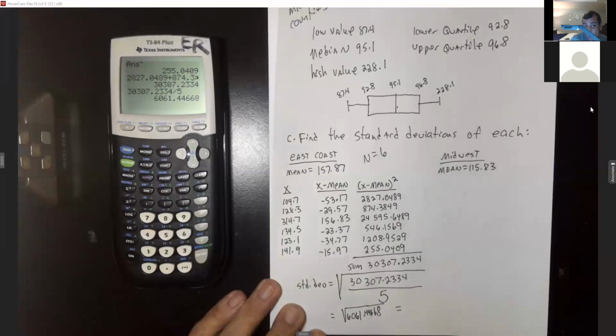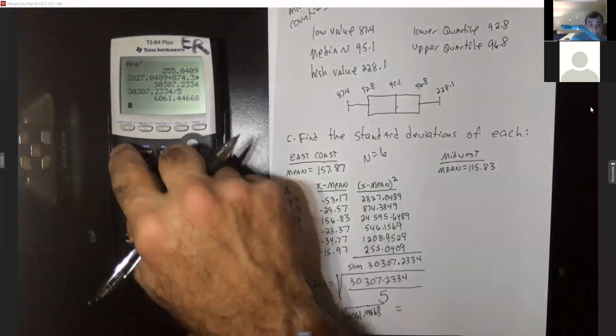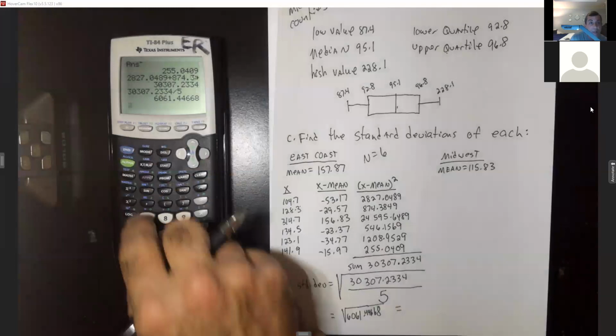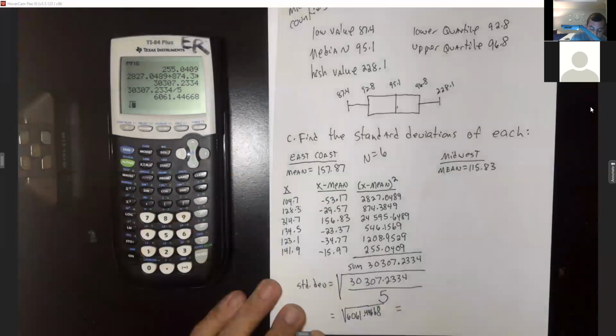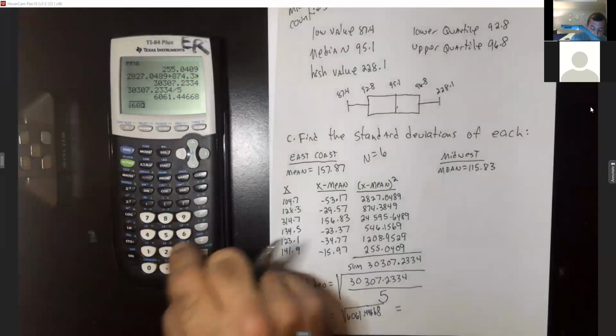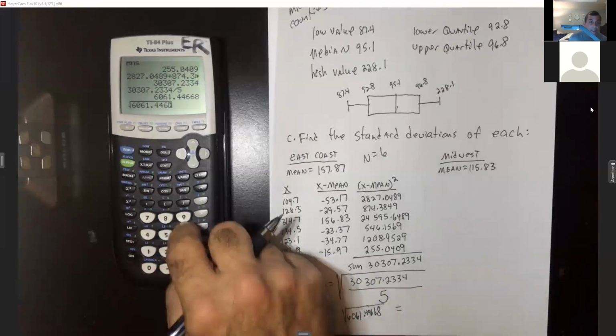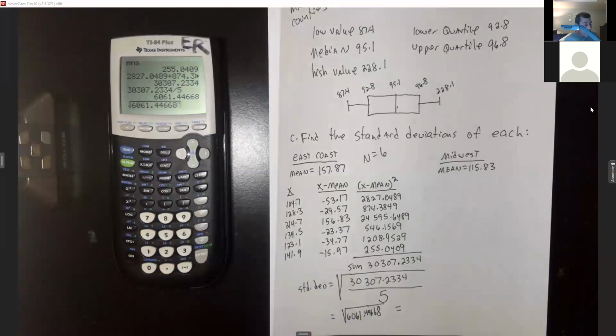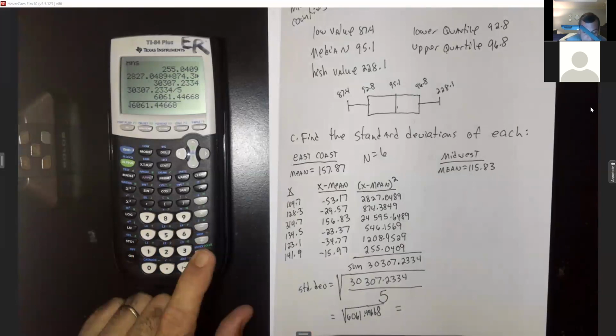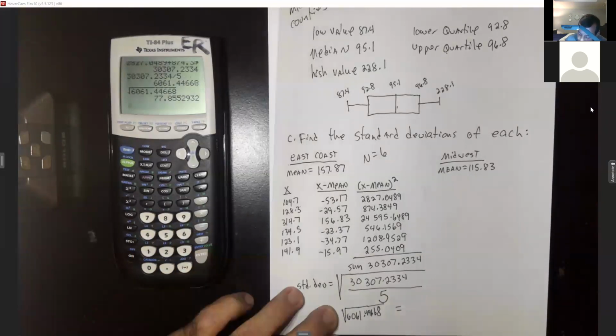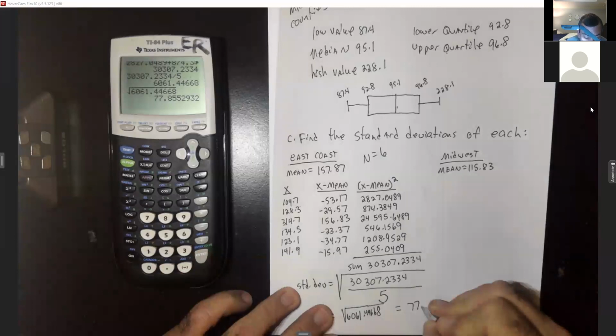My final answer will be the square root of that number. Remember, to do the square root, you hit the second button. The x squared button brings up a radical. So 6061.44668 is all under that radical, and I think they wanted me to round this to 2 decimal places. When we hit enter, I get 77 point.